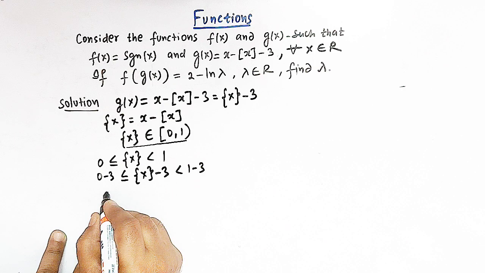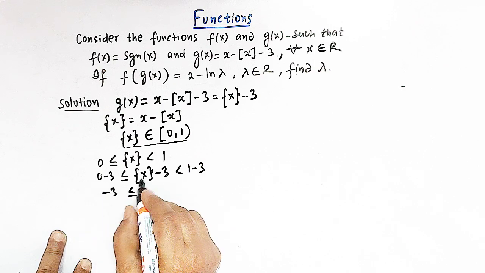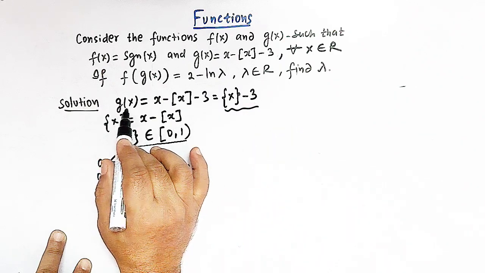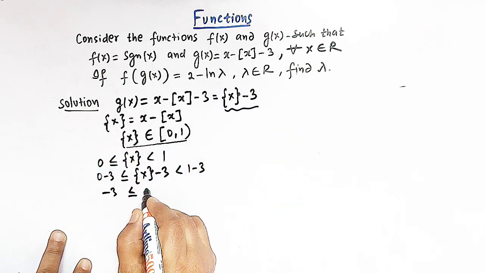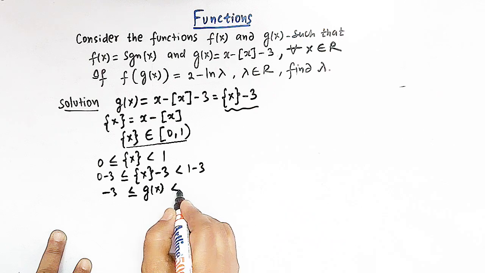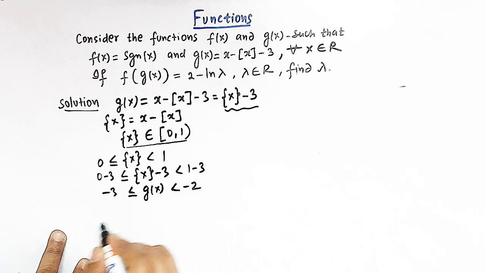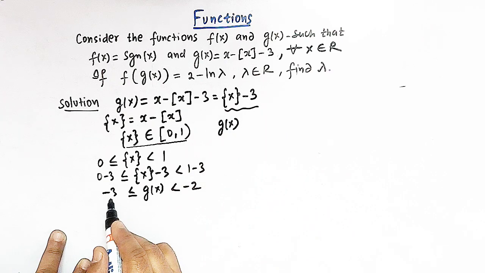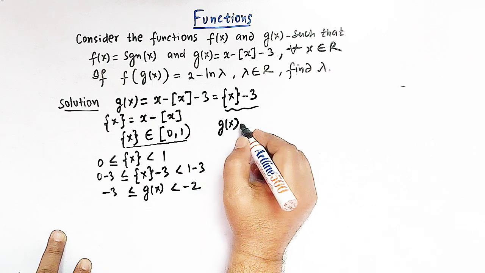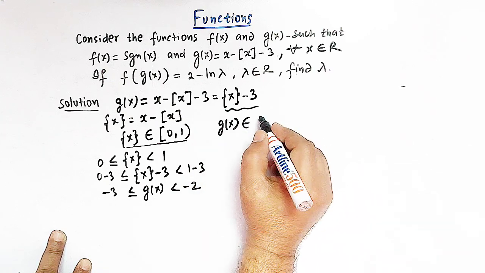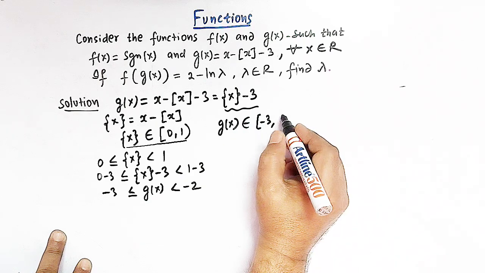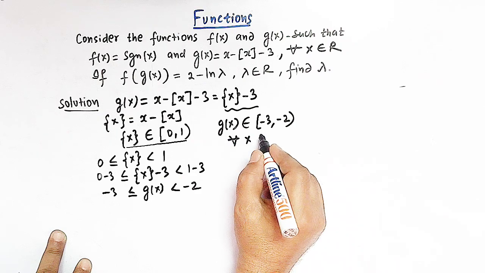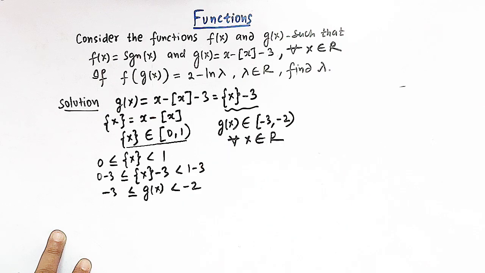So we have 0 minus 3, fractional part of x minus 3, and 1 minus 3. Fractional part of x minus 3 is g of x, and 1 minus 3 is minus 2. So g of x belongs to the interval minus 3 comma minus 2 for all x belonging to R.